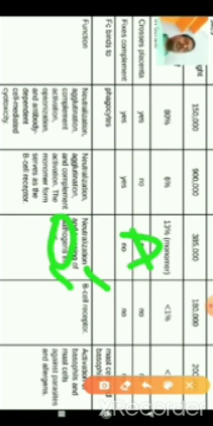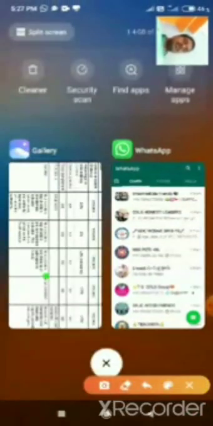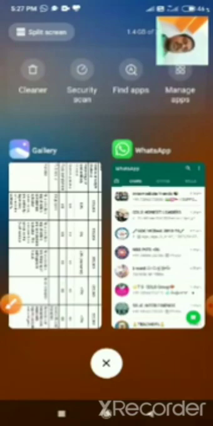And then IgE and IgD. IgD does not have main functions; we don't know what important functions IgD has. There is no evidence for the function of IgD, but IgE is very important.